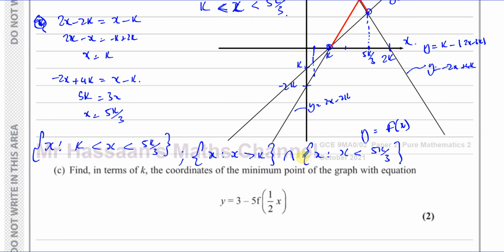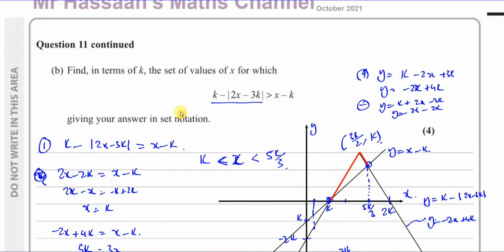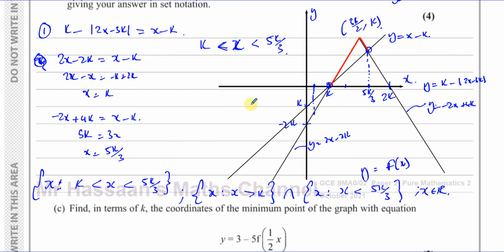If you're writing in set notation, you just have to have the squiggly brackets and this x is such that, and if you want to put x is a member of the real numbers or something like that, that's fine as well. Intersection means and, right? So it's between those two values. So there's the answer to question number 11, part B.